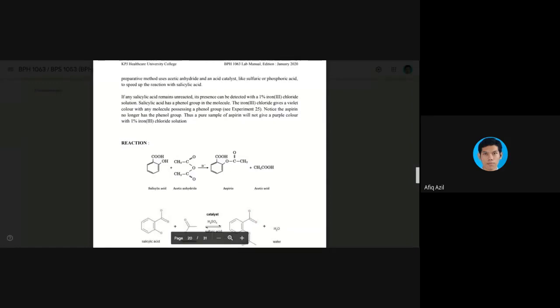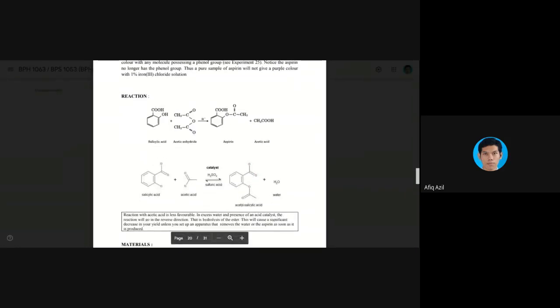Now we will look into the reaction first. Basically there are two ways in which you can achieve the product, which is the aspirin. Synthesis means you want to prepare a chemical compound, in this case an organic compound, in the lab. So we mix compound A with compound B to produce a new product.